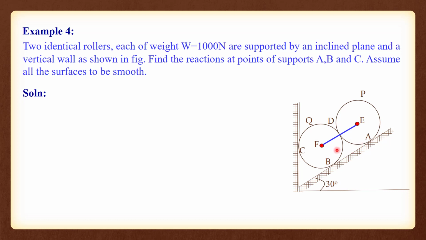Since the rollers are identical, since they are having same radius, the line connecting the centers of these two rollers, that is a line connecting F and E, will be parallel to the inclined plane. Now, since this inclined plane makes an angle of 30 degrees with the horizontal, this line FE will also make 30 degrees with the horizontal.